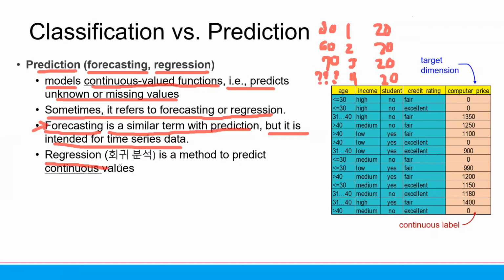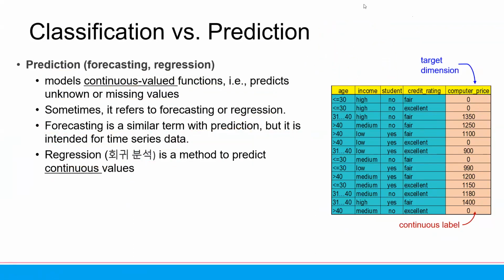Regression. It is a method to predict continuous values. So for example, I have the computer price. So instead of the decision no or yes, I know if the computer price is 0, it means the customer didn't buy any computer.